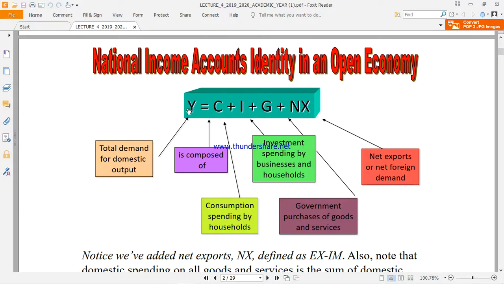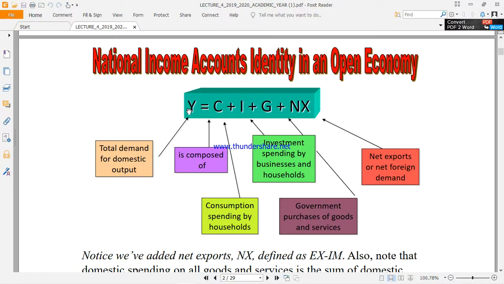Okay, so we can conclude that the total demand for domestic output comes from two sides. The first side is domestic demand, and the other side is external demand, because the moment we bring in external demand, we are talking about net exports, which is the difference between what we demand from them and what they demand from us, which is the difference between what we export and what we import.